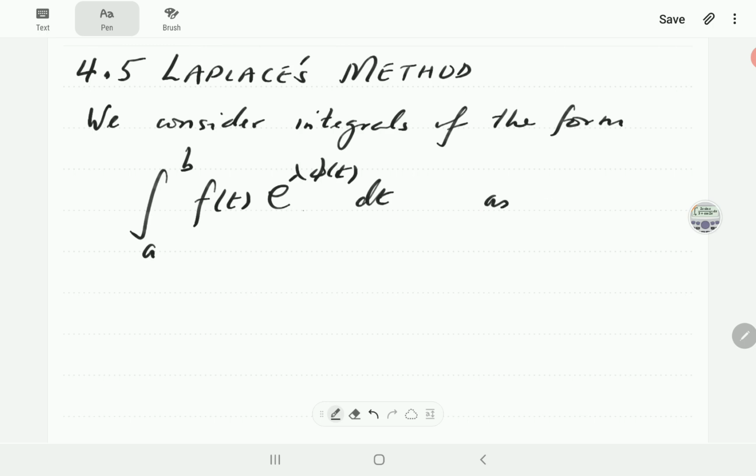So we're going to look at the asymptotic approximation of these integrals as lambda tends to infinity.